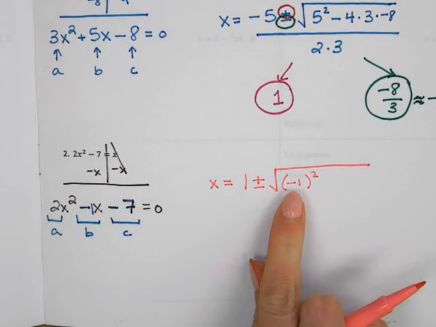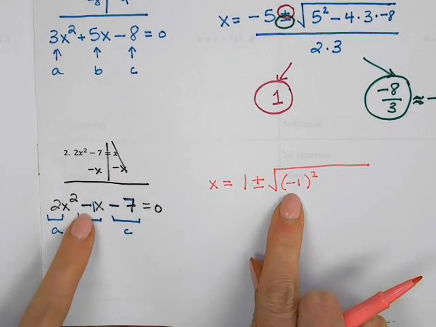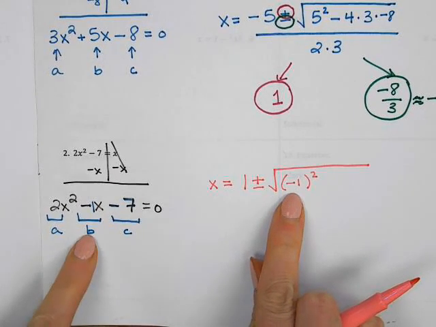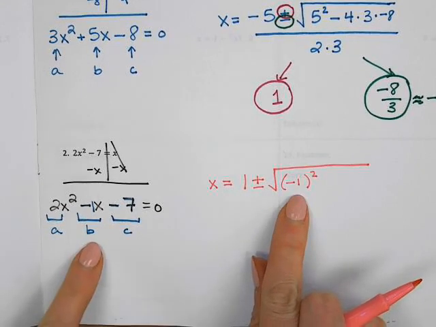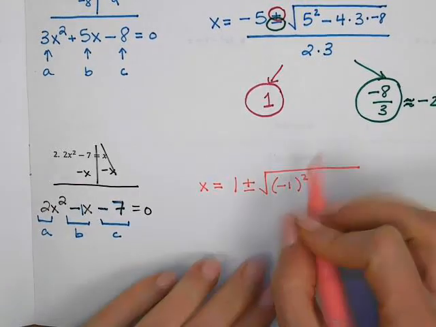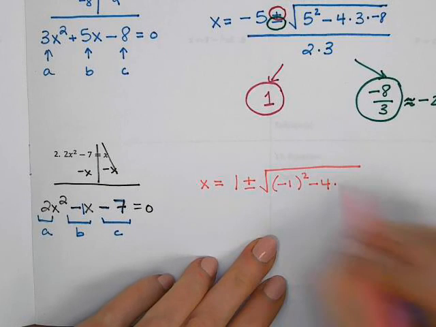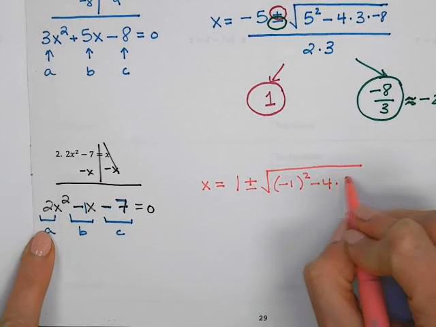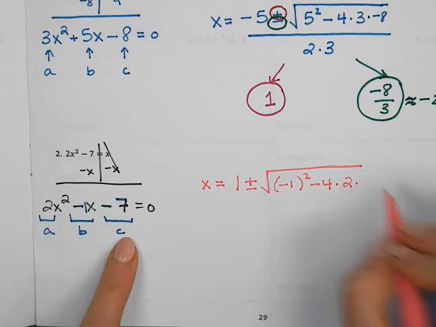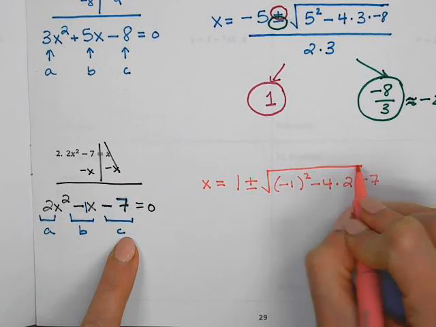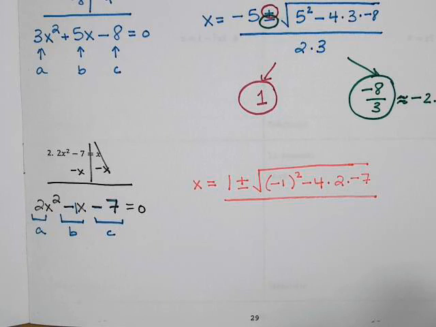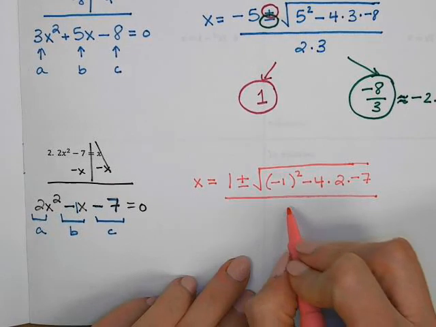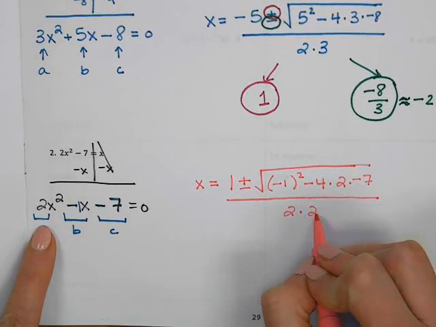Don't forget the parentheses when b is negative. Remember, when you square a negative in the calculator, you need parentheses. Okay, so b squared, minus 4 times a is 2, times c is negative 7. Make sure you get that negative in there. All divided by 2 times a, so 2 times 2.